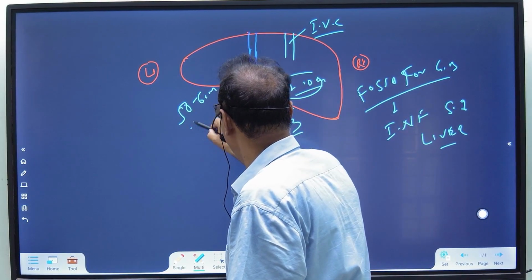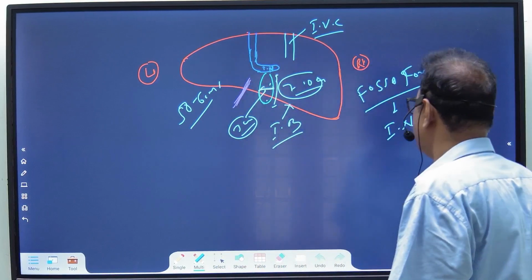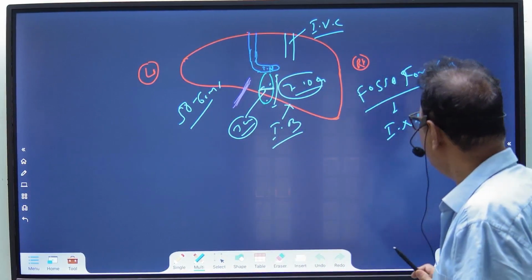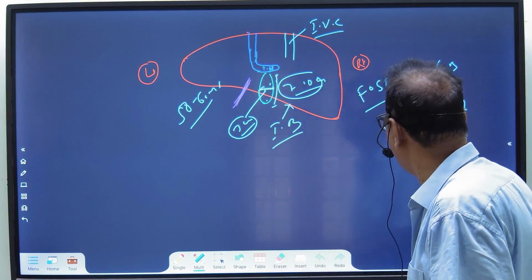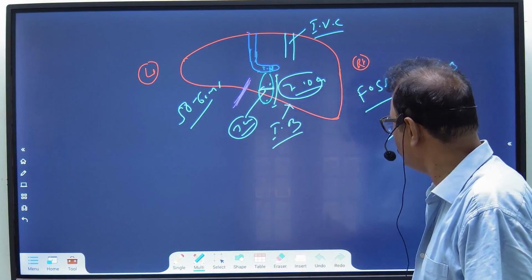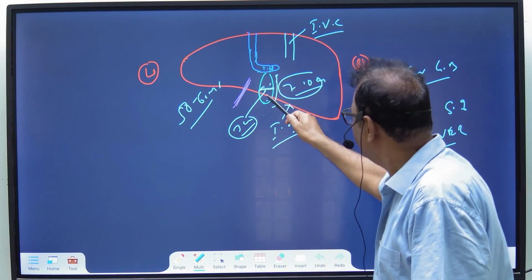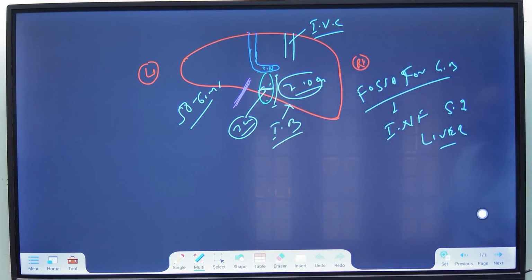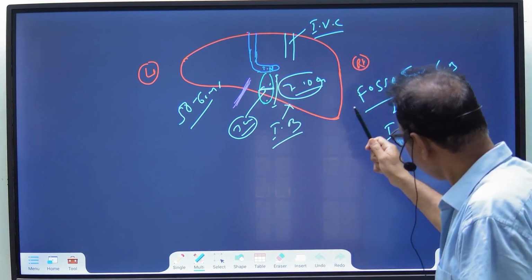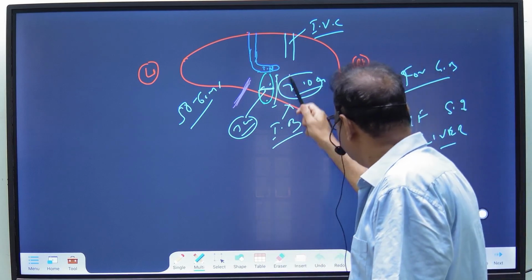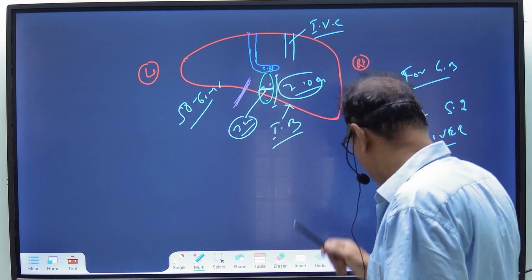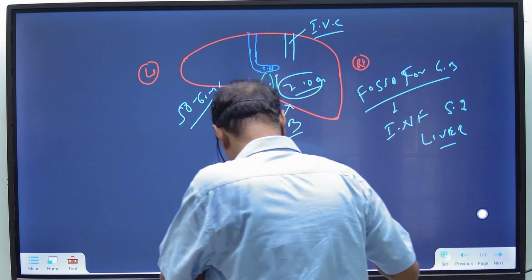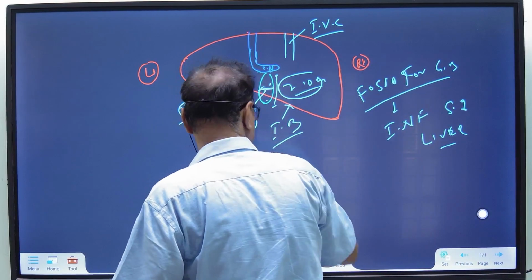So the gallbladder lies in the fossa for the gallbladder, on the inferior surface of the liver. It extends from the porta hepatis to the inferior border of the liver. It is 7 to 10 centimeters in length, 3 centimeters broad, and its capacity is 50 to 60 ml.